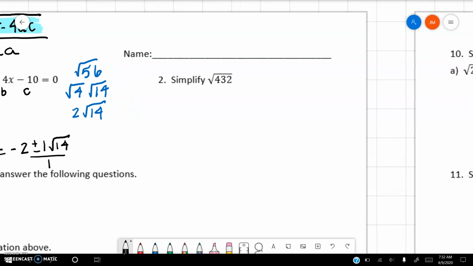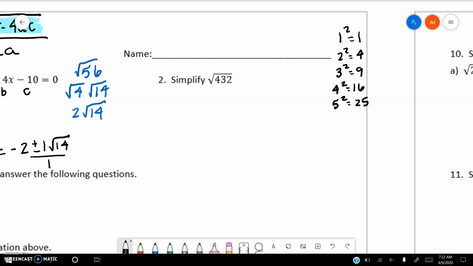Number 2, we are going back to our perfect squares again. So this is where you wanted to look at that chart that we had in class where we said that 1 squared is 1, 2 squared is 4, 3 squared is 9, 4 squared is 16, 5 squared is 25, and so on. And you wanted to find the biggest one that goes into 432.